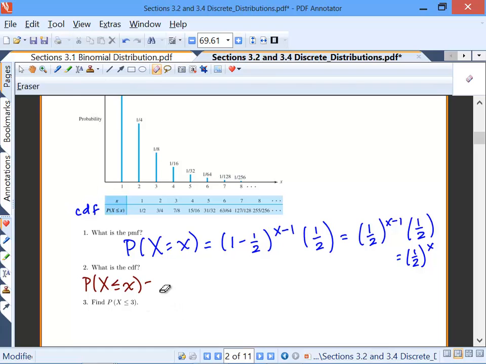That's a formula that I don't have memorized. So 1 minus q to the x, or 1 minus p to the x. You guys can flip up easier than I can, is that right? Okay, so 1 minus 1/2 to the x, so that's going to be 1 minus 1/2 to the power of x.